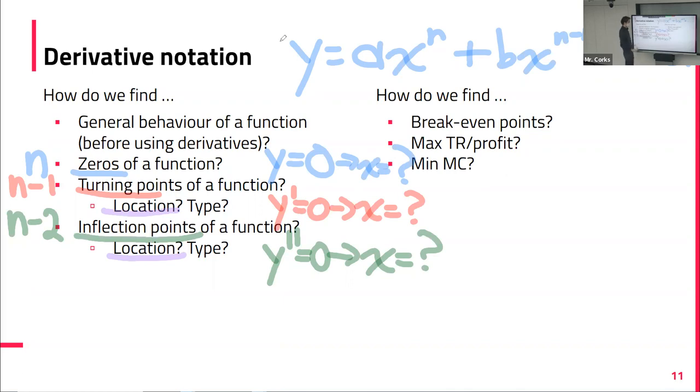For turning points, how do we figure out the type of the turning point?